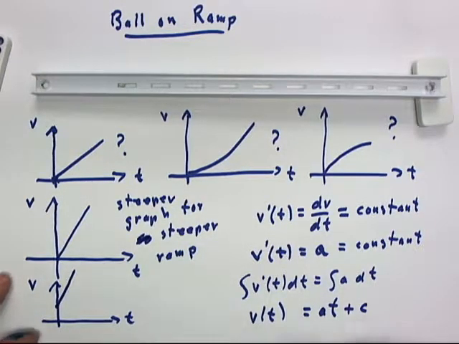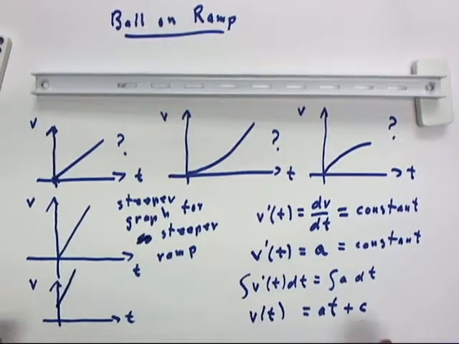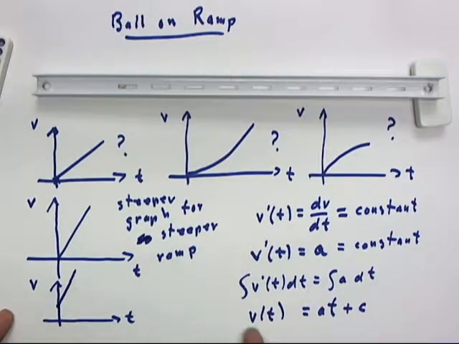And we would be able to identify our constant c with the velocity at t equals 0, because if t equals 0 on this side, we get c. So v of 0 then equals c. So whatever our initial velocity was when we released the ball would be the value of c.